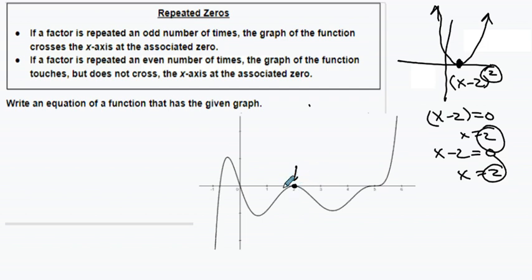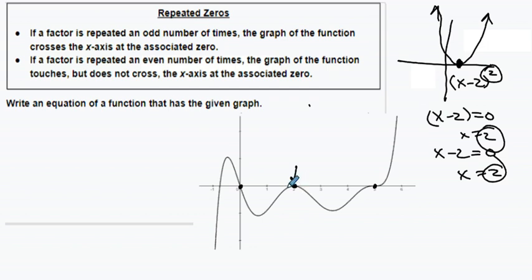So what it means is it says if a factor is repeated an odd number of times. Now, you might be thinking, wait a minute, a factor being repeated, what are they talking about? Well, let's check this out. So if we've got this graph right here, and we've got 0, we've got 2, and then this touches at 5. It goes through here.